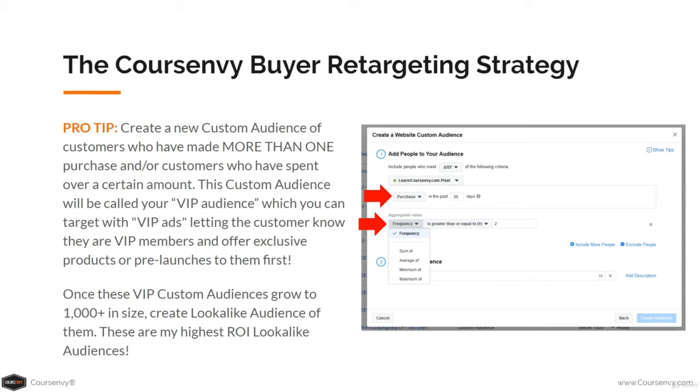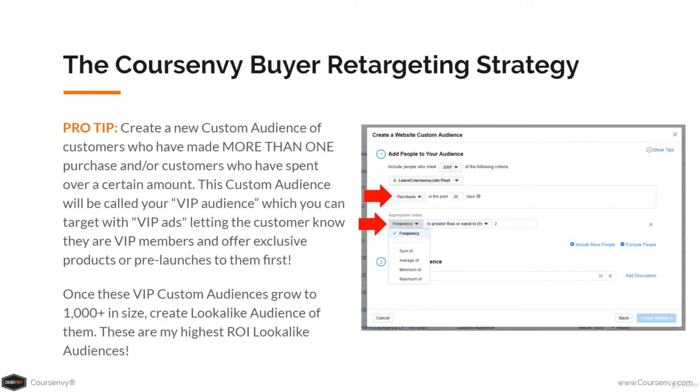Once these VIP custom audiences grow to 1,000 plus in size, create lookalike audiences of them. This is one of my highest return on investment lookalike audiences. Because think of it, I'm asking Facebook to go find people that are similar to my past buyers who have bought more than one time. Talk about the perfect list.